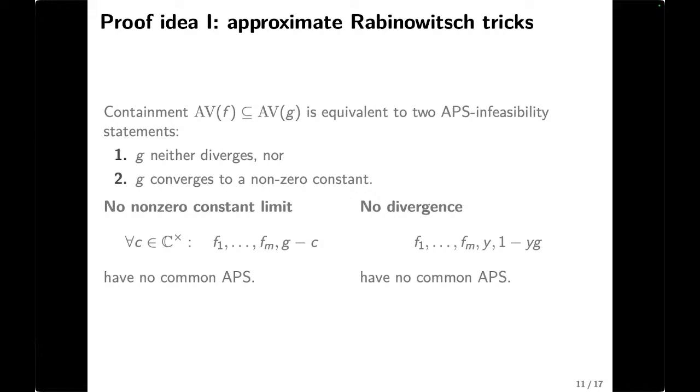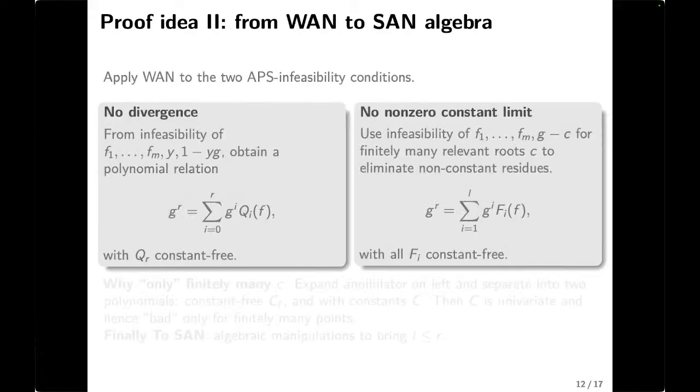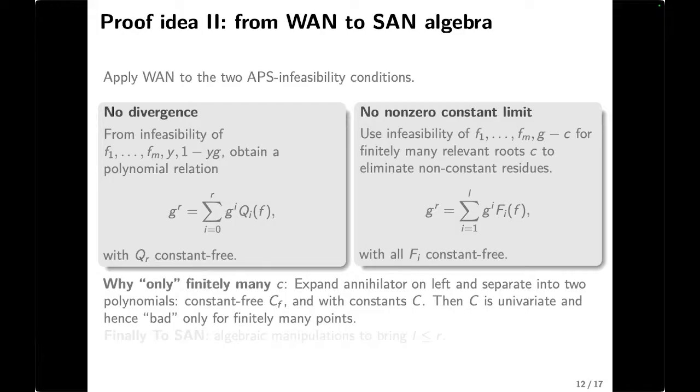Now you might wonder that here the non-zero constant condition was supposed to hold over all non-zero constants, which are infinitely many. So how can you even start to capture this in a finite way? The interesting thing we found was that once we get the characterization for the no-divergence condition, and we interpret this as a polynomial in g, then we can already separate it into two polynomials, one of which is constant free and one which has constants.